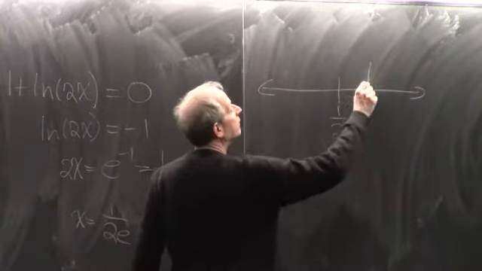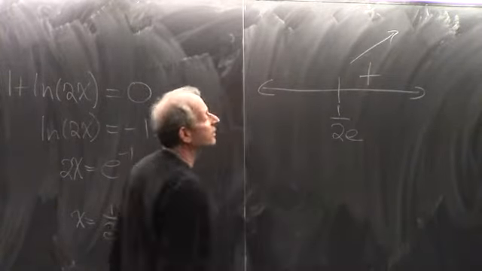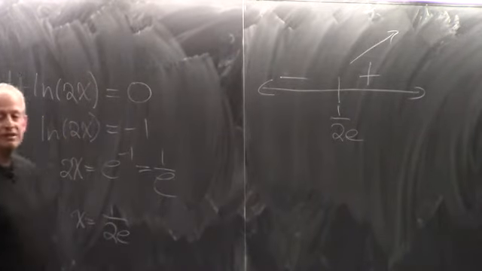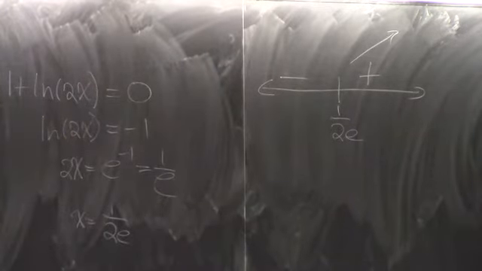Because 2 is smaller than 2e. And then I get log of 1. Log of 1 is 0, so this is positive. It's increasing over here. And if you try a number less than 1 over 2e, you'll find it's negative. These things don't always alternate, but they usually alternate.